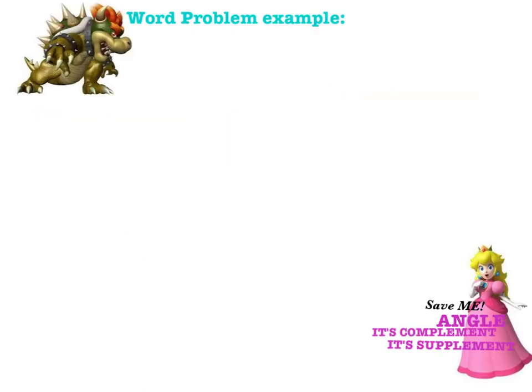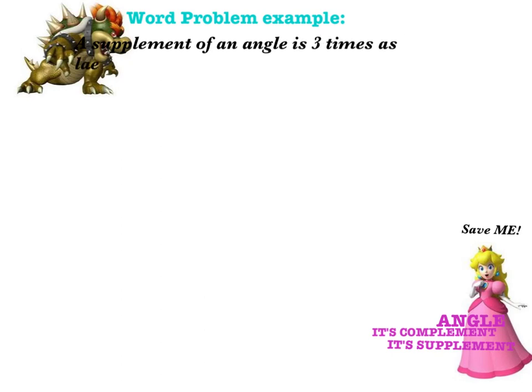Now last but not least, we couldn't leave without a villain here. Here's your word problem example. And of course, Princess Peach says, save me. So let's save her. Your word problem says this: A supplement of an angle is 3 times as large as the complement of the angle.